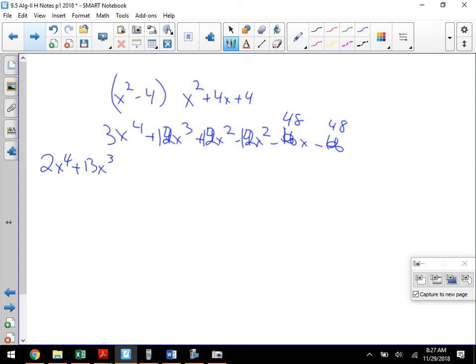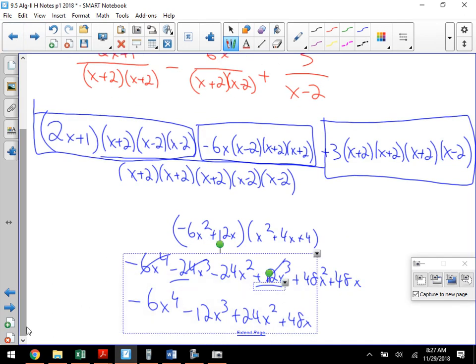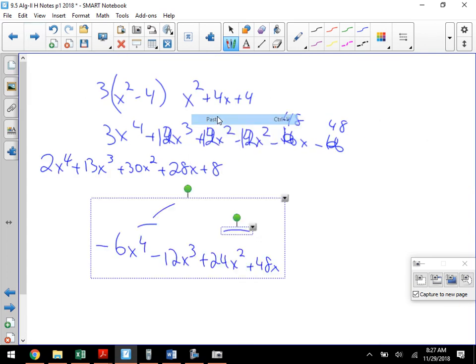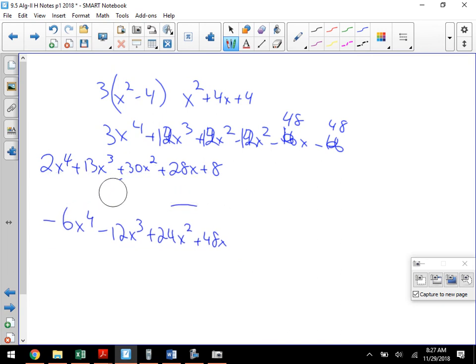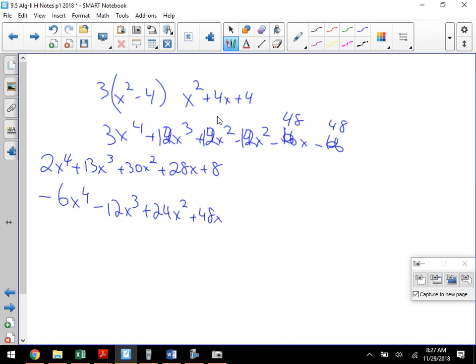This one? You messed up the first part. It's 2x to the fourth minus 3x cubed minus 10x squared plus 12x.